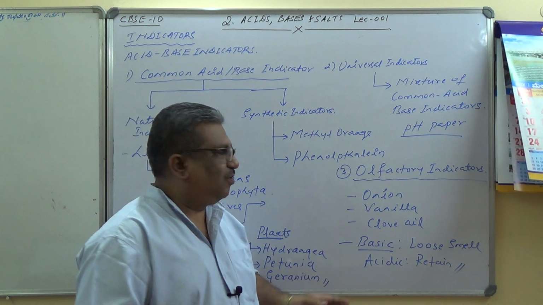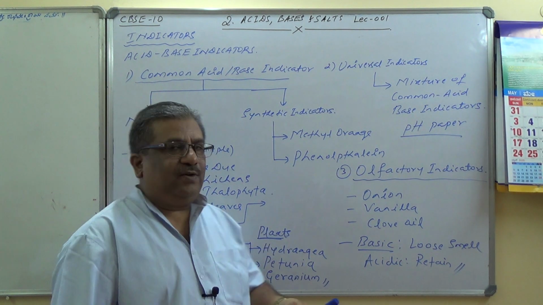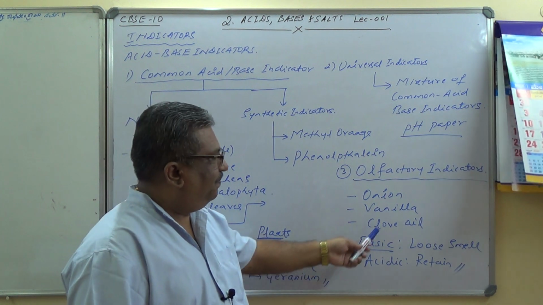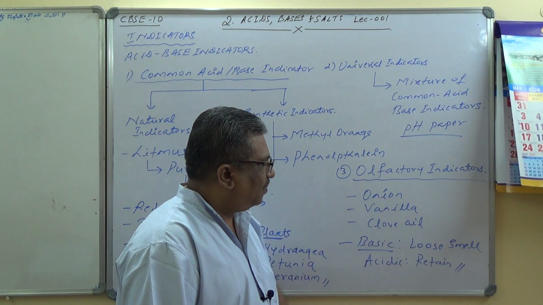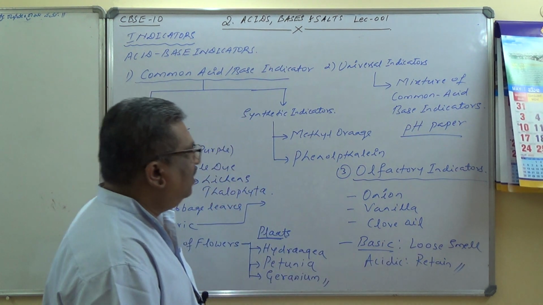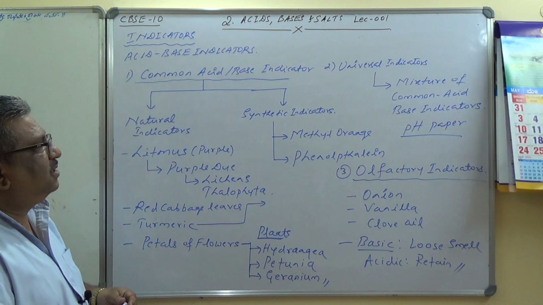The question had appeared. So you must note down all these things. Anyway, I will direct you to the PPT. Only in that case you can note it down. But for your information, remember, onion, vanilla, clove oil, in basic solutions they lose their smell or odor. In acidic solution they retain their smell and odor. Okay, what else is to be discussed?